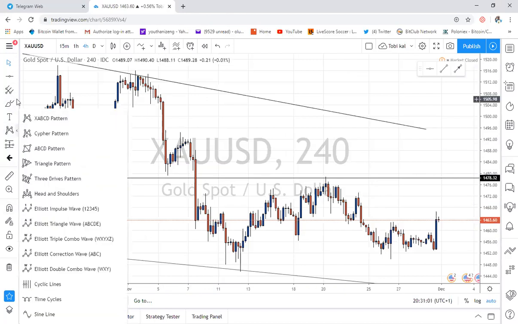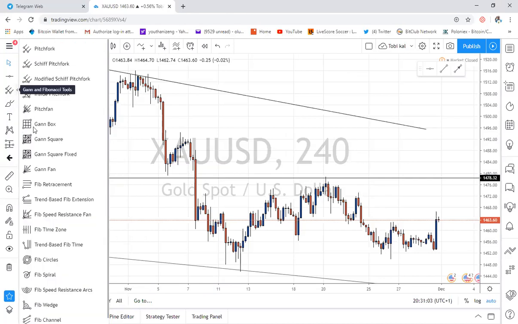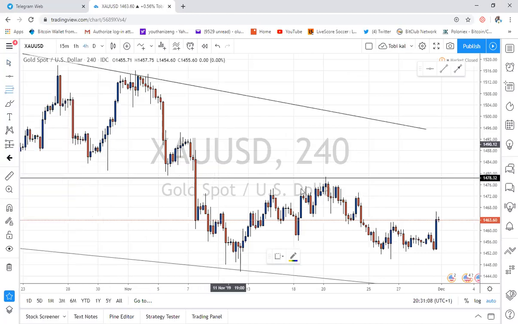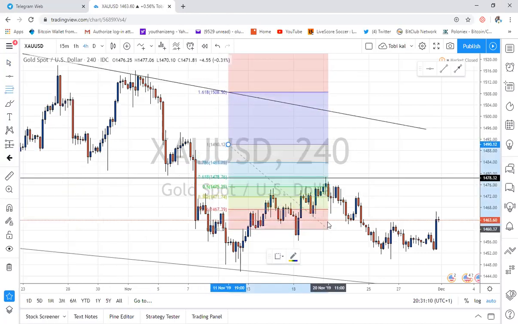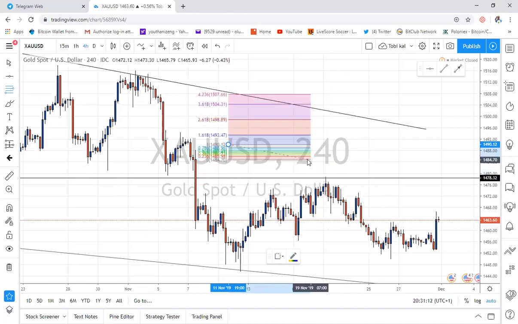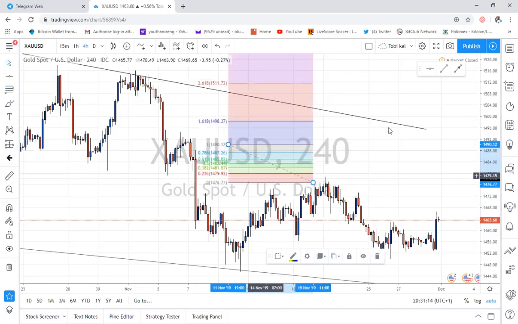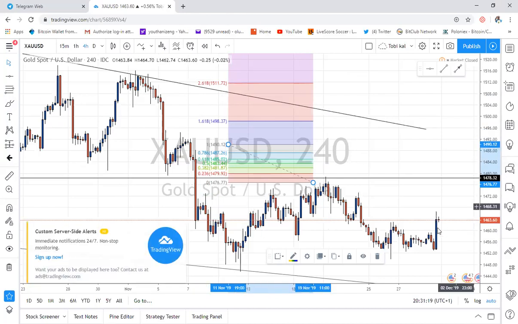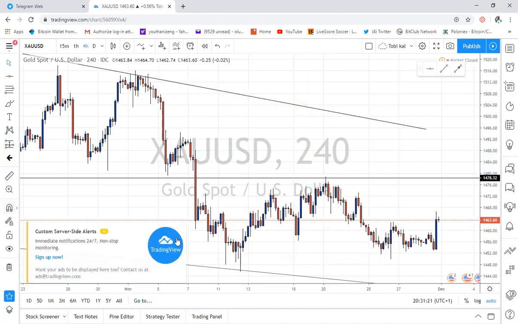But to be very honest with you, doing your chart analysis on TradingView is always the best. I've just been very lazy on using Fib on TradingView.